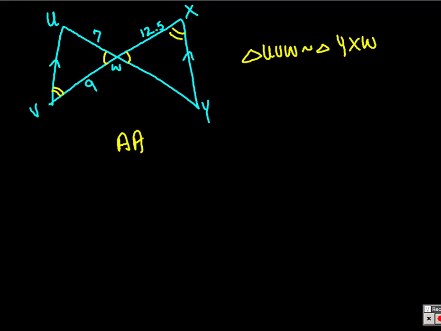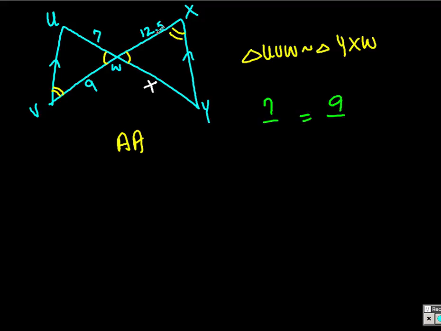And now a lot of times, let me get my big Z out of the way here so we can see this, what they'll have you end up trying to do is find this one extra side here. So if I wanted to find that side, now that they're similar, I would have to set up first, well, my small triangle has 7 and 9 as my 2 side lengths there. Now, which one does the x go with, the 7 or the 9? Because I don't know if x is bigger than or less than 12.5.